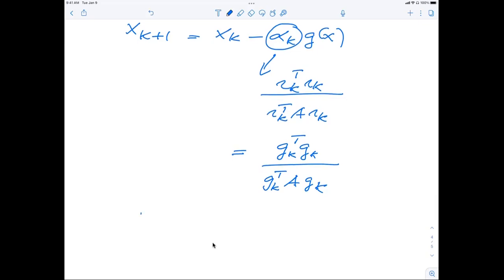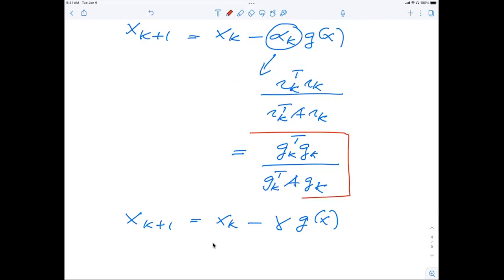So remember now that what we typically do is that we replace this one with a parameter. Now I'm not putting a subscript k on it because I want this to be a constant, but it doesn't need to be a constant. But this is actually what we normally end up doing. And to calculate this quantity here is numerically expensive.